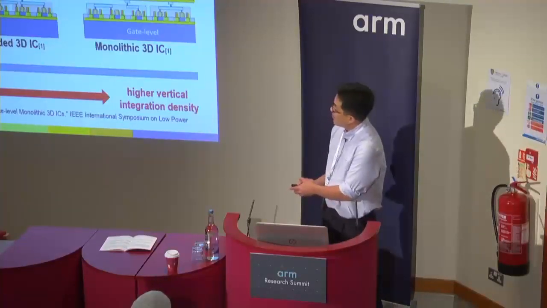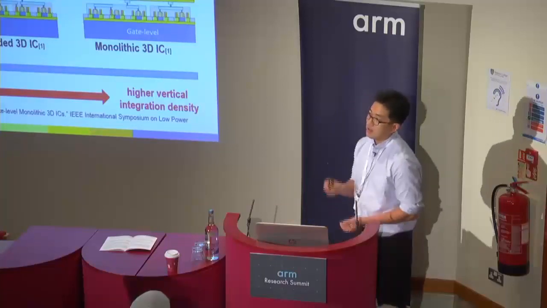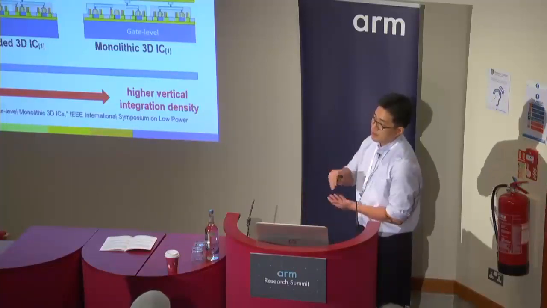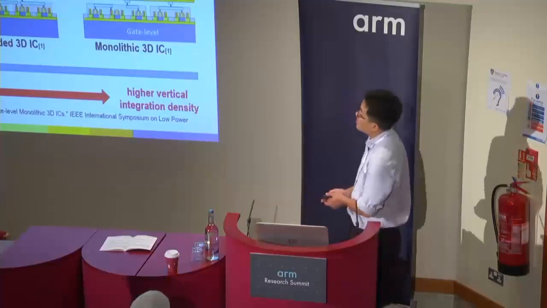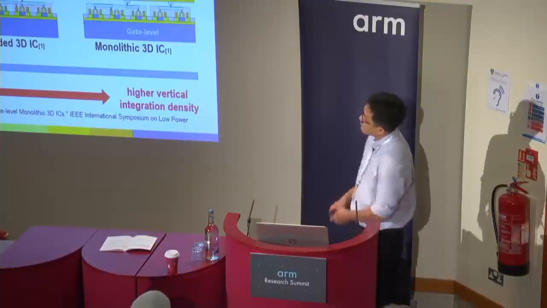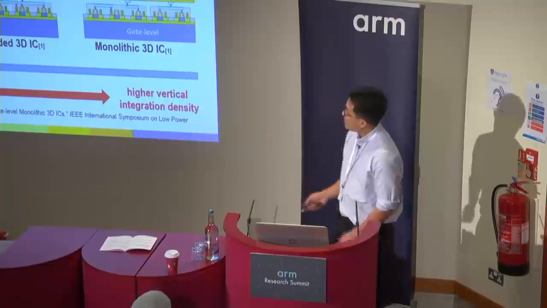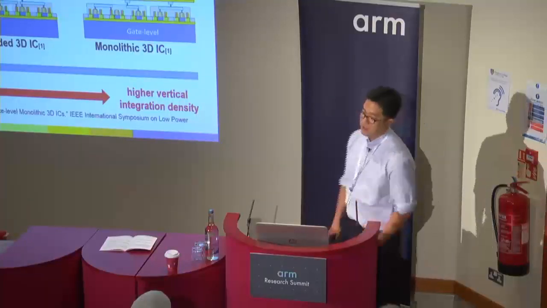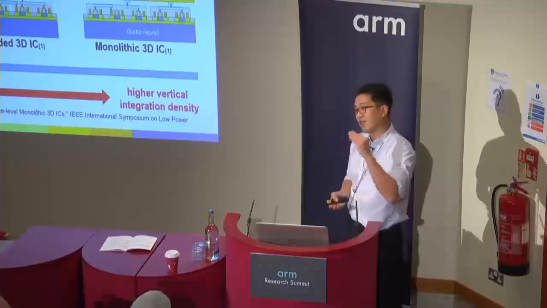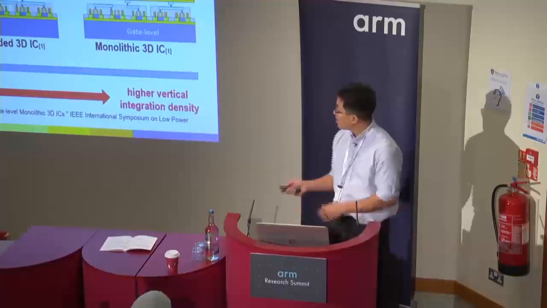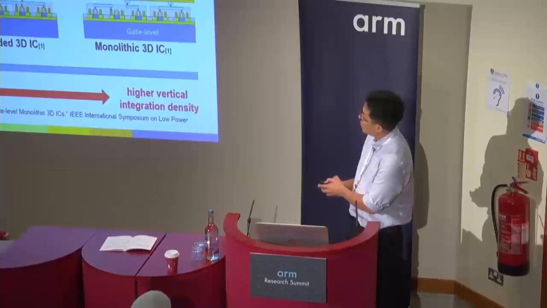In TSV-based 3D IC, prefabricated wafers are stacked together and connected with a TSV, which has the largest size among these 3. Face-to-face bonded 3D IC is where prefabricated wafers are stacked in a face-to-face manner, and they are connected with face-to-face bonds.